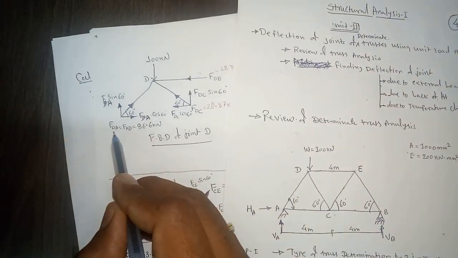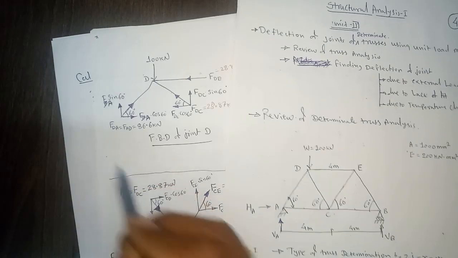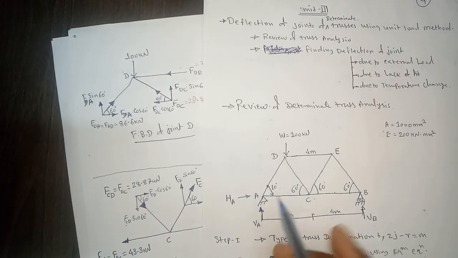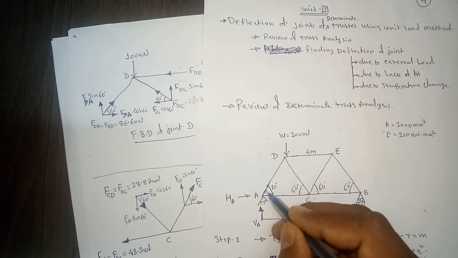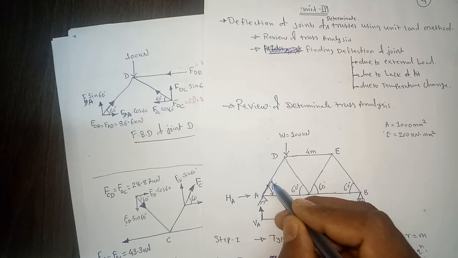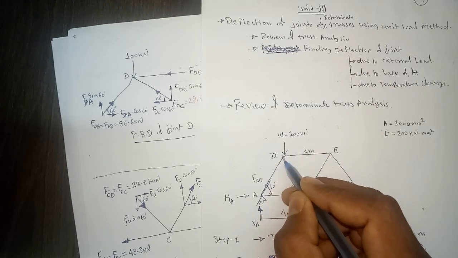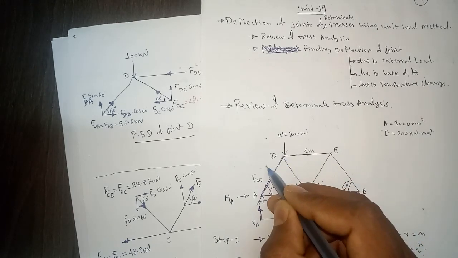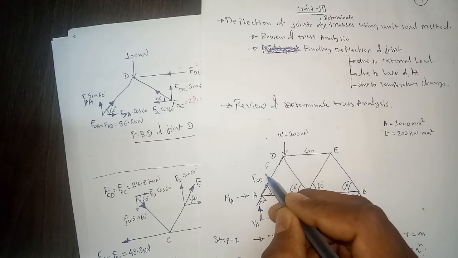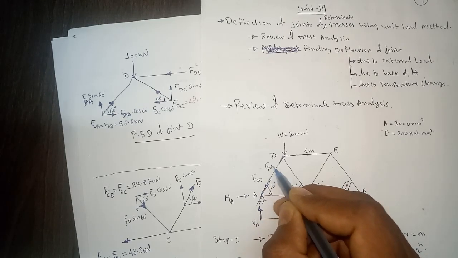Now when we drew the free body diagram of A, the force we had in this member, we wrote as force AD. Now when you are showing the free body diagram of joint D, we will be representing it by FDA, right?